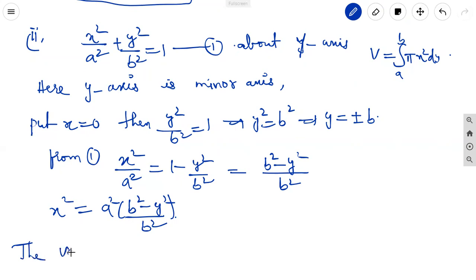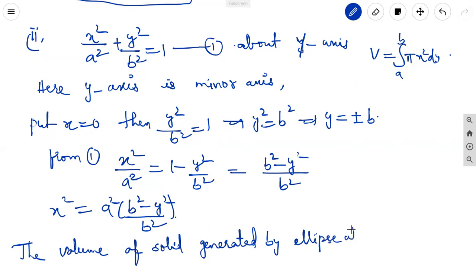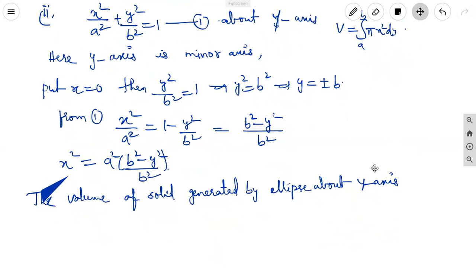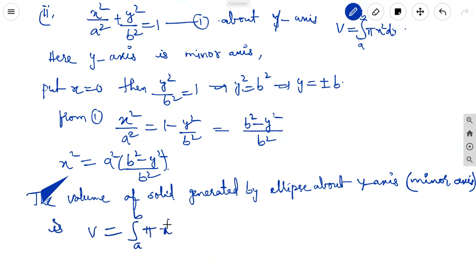Now, the volume of solid generated by ellipse about y-axis, that is the minor axis, is V equal to integral a to b pi x squared dy.